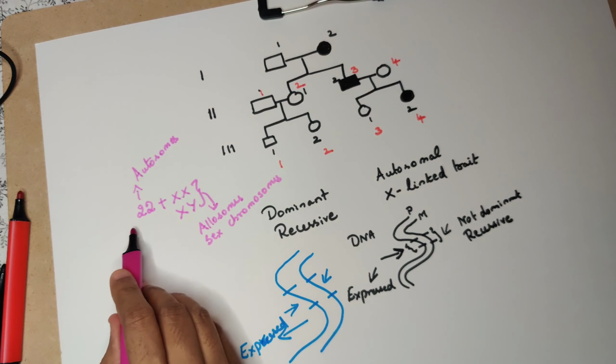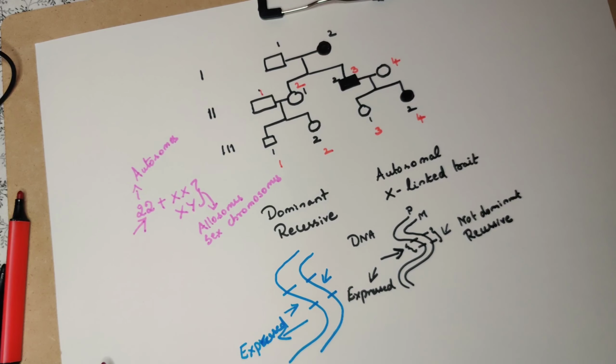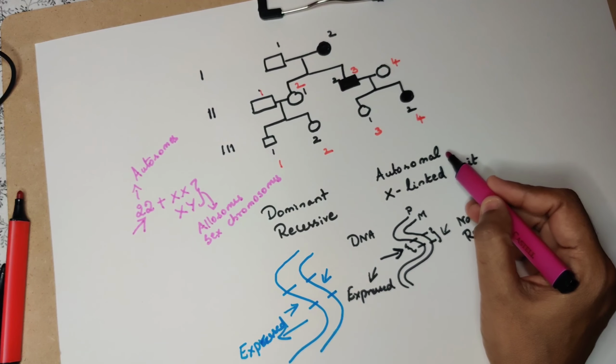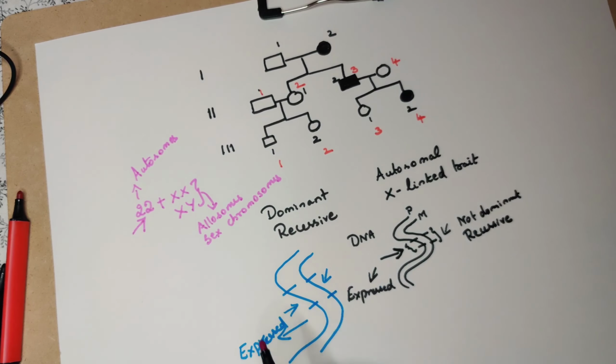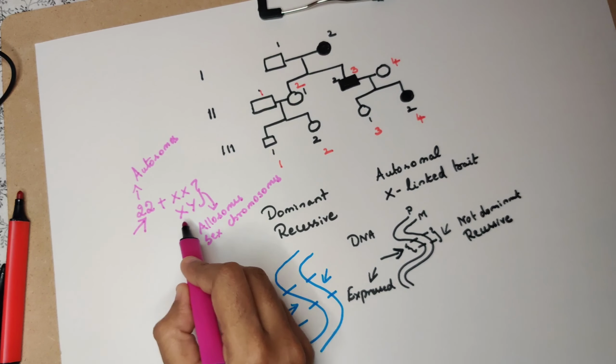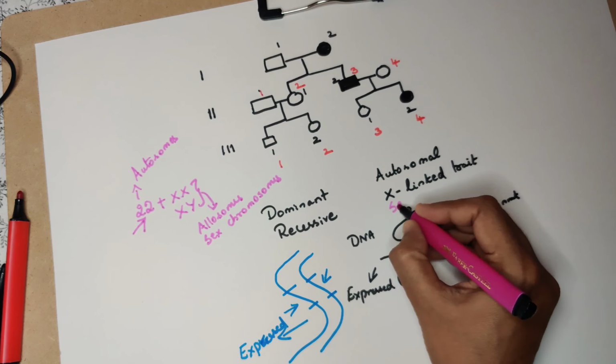So any genetic defect that is found in one of these autosomes, then we call it what? Autosomal trait. If a particular genetic disease that is caused by a gene is present in one of the genes here in XX or XY, then we call it what? We call it sex-linked.